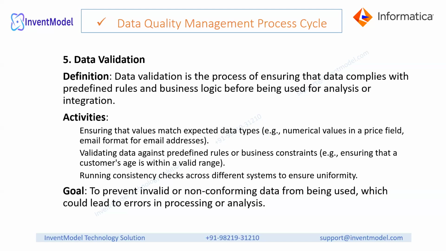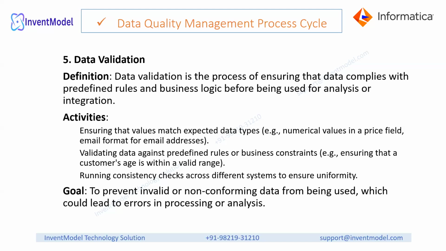The next DQM process cycle we have is called data validation. Data validation is the process of ensuring that data complies with predefined rules and business logic before being used for analysis or integration. What activity do we do as part of this data validation?